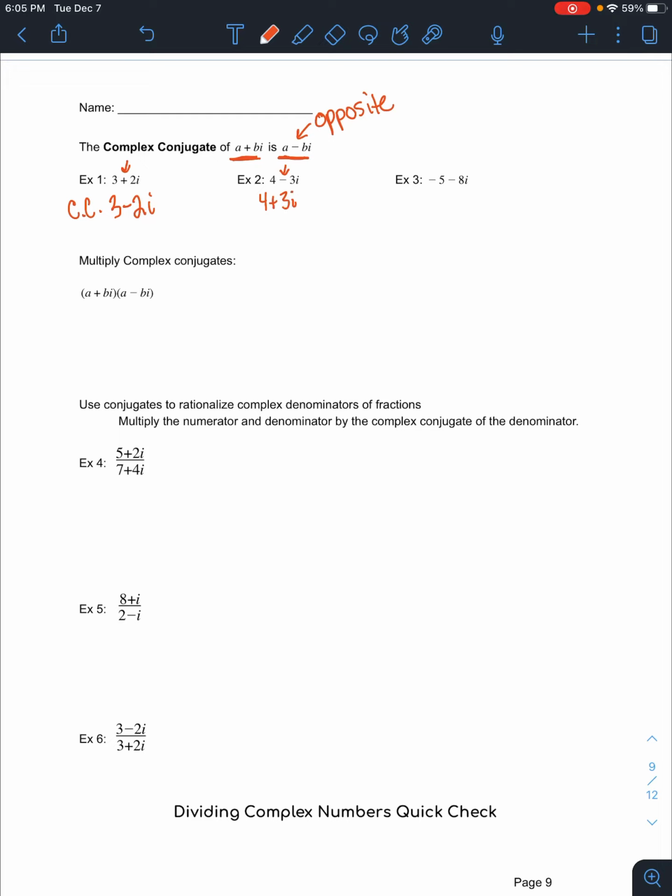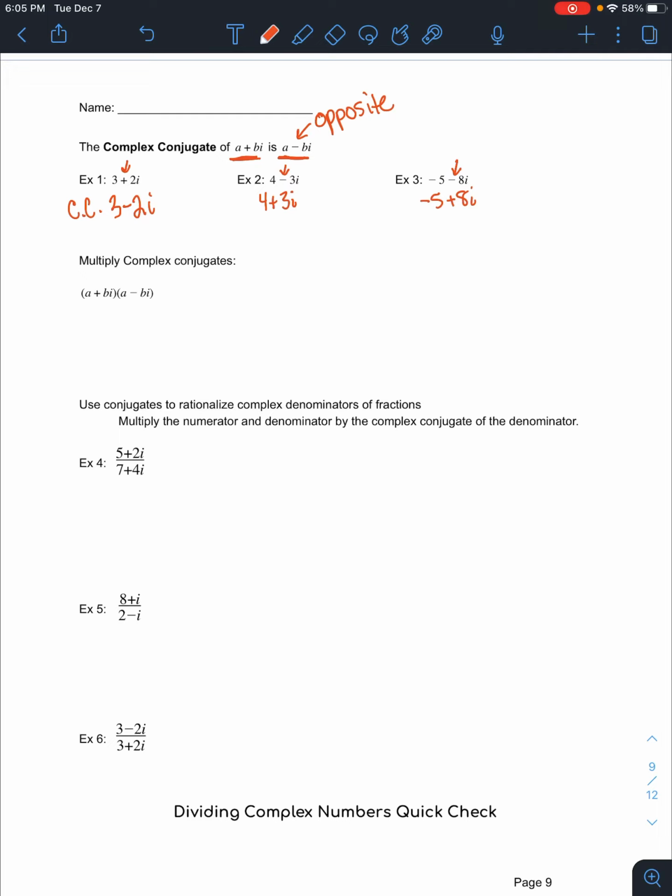On example 3, we have negative 5 minus 8i. The opposite of minus is plus, so this would be negative 5. Remember, we're only taking the opposite of the imaginary piece, plus 8i. So just remember, it's always just the opposite piece. All right, so we can easily identify our complex conjugates.